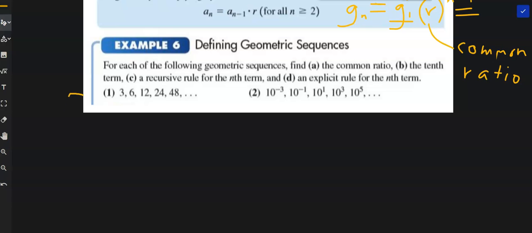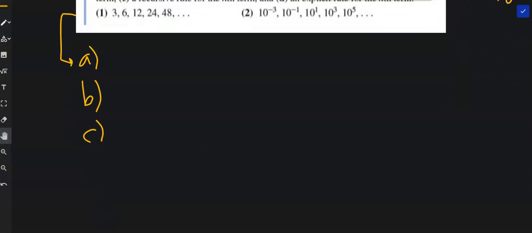Okay, so A, B, C, and D. So we're starting with 3, 6, 12, 24. How do you find the common ratio?